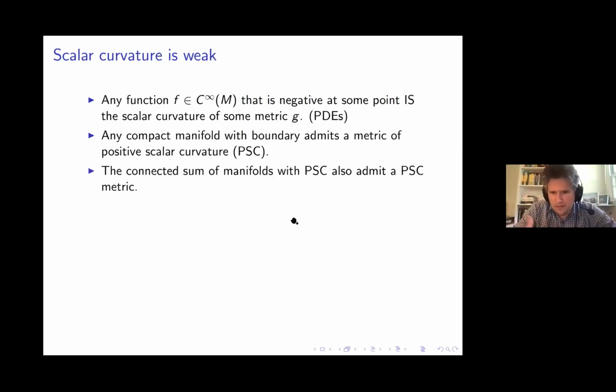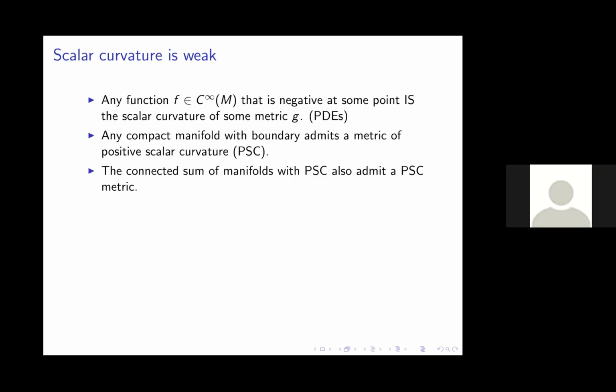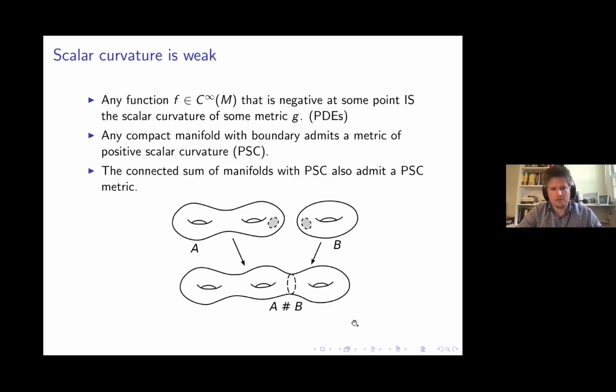Another flexibility is that the connected sum of manifolds of positive scalar curvature also admits a metric with positive scalar curvature. Basically, you are adding a cylinder when you glue these two things, and the cylinder has very positive scalar curvature. So you can do that.